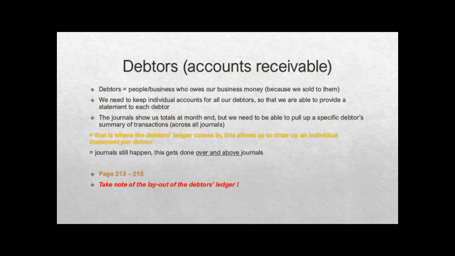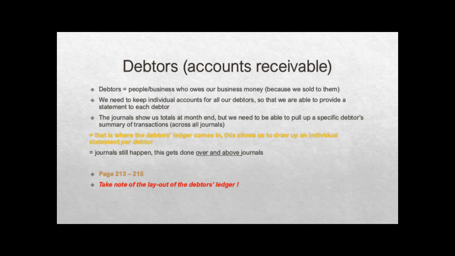Okay, so debtors are people or businesses who owe our business money because we sold stuff to them. Why do we actually have a debtors account? We need to be able to tell exactly what amount is outstanding at a specific point in time if that debtor asks us, so that they can pay. That debtors account is basically accounting for all the entries in your journals, but in a statement summarized per debtor.